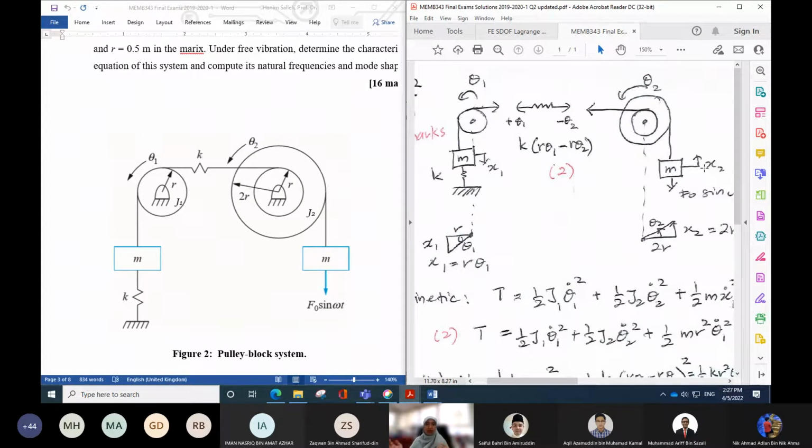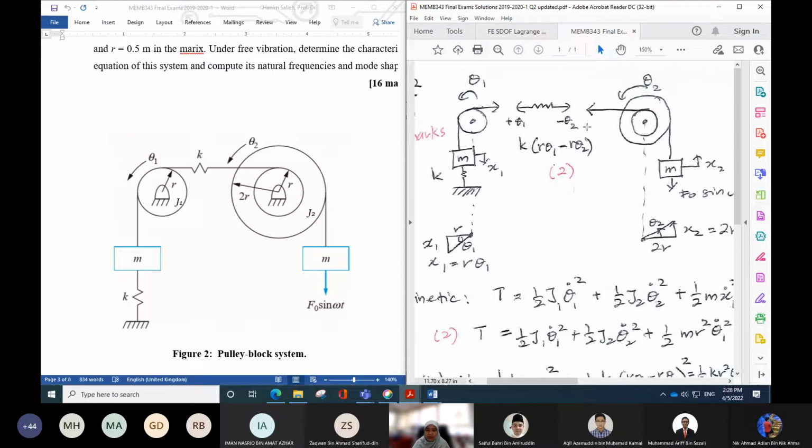You can imagine this whole thing moves. Although you have this F naught here, you're assuming this x2 goes up and goes round like that. So in that sense, when theta goes that way, this K is in tension.